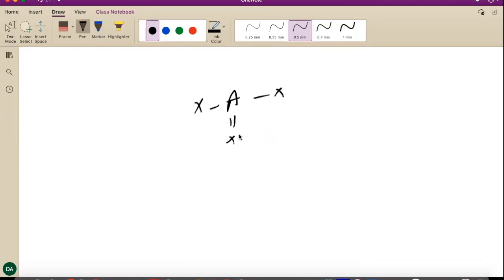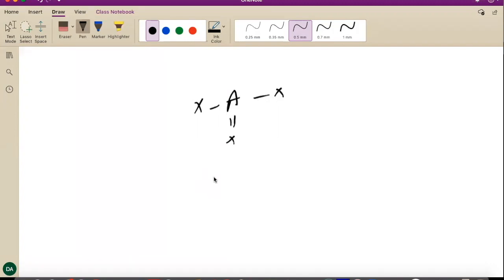Double bond still means you're shaking one hand with your neighbor or two hands with your neighbor. Does that increase the number of neighbors you got? No. So this central atom has three neighbors, this X, and this X. So you don't count the bonds literally. You're just looking around and seeing how many neighbors it got.